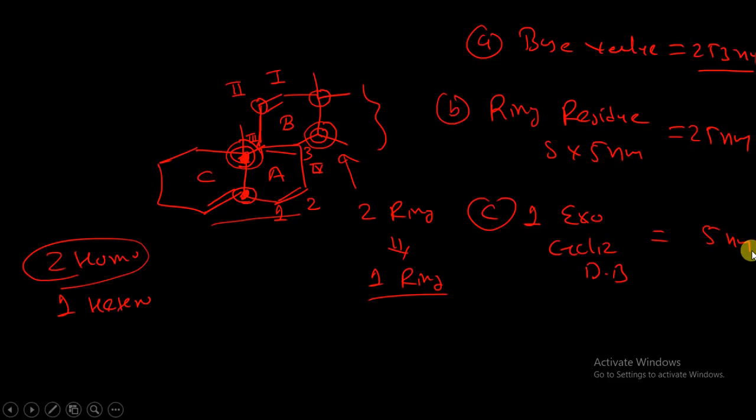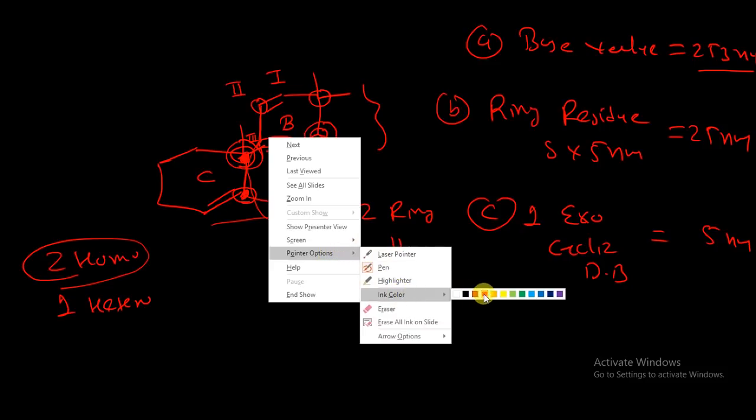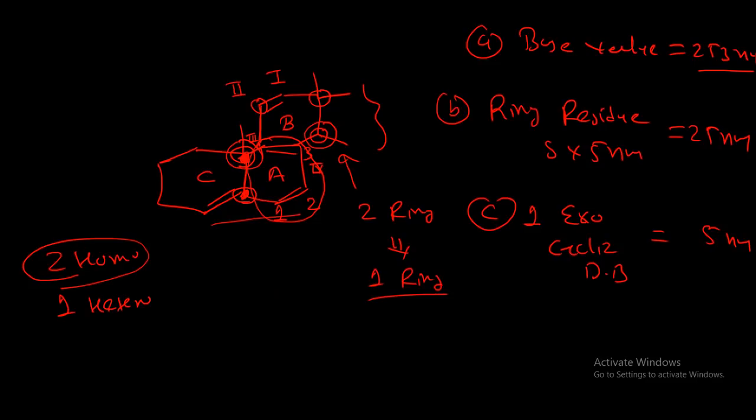If there is any extra conjugation present in this structure, suppose I consider this as a system, there is a double bond present over here. So what do I have to see? I just have to see the ring residue that is present in the structure. Let's say this is our system, 1, 2, 3 and 4.